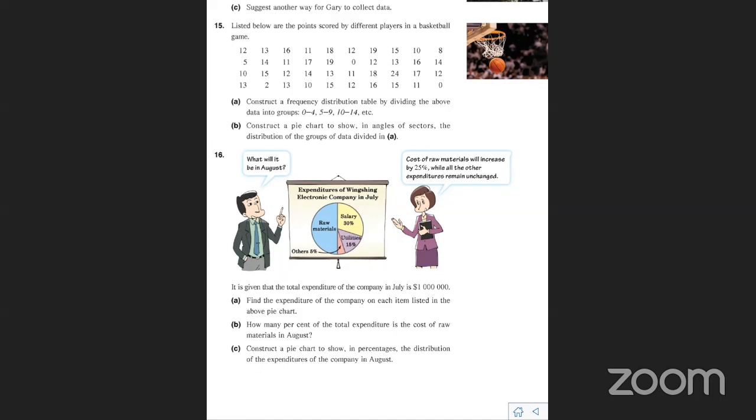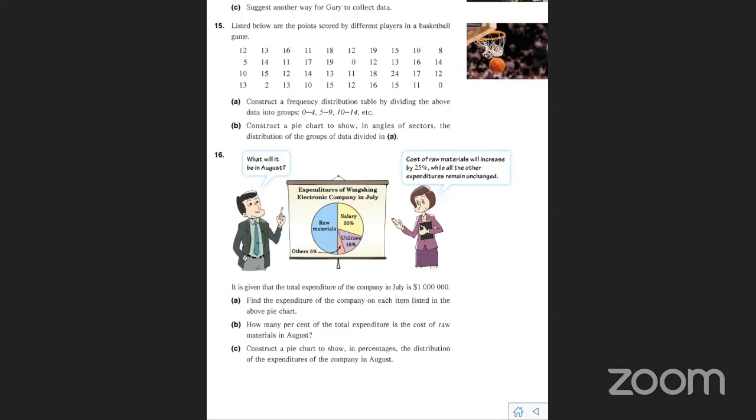It means some other thing that the company needs to use. And then here, this lady told the gentleman that the cost of raw materials will increase by 25%, while all the other expenditure remain unchanged.